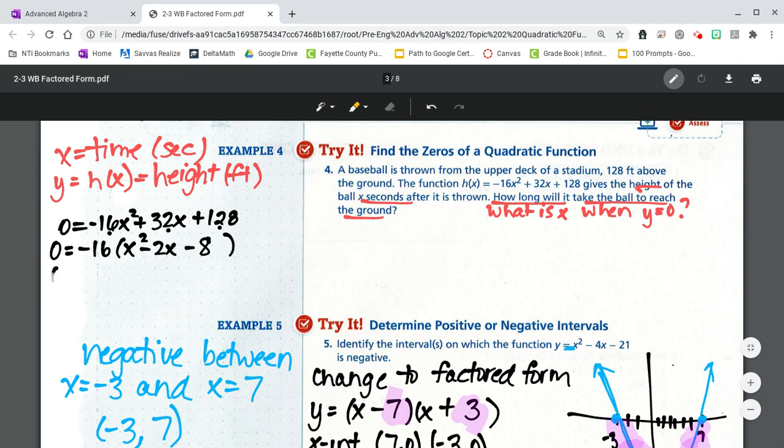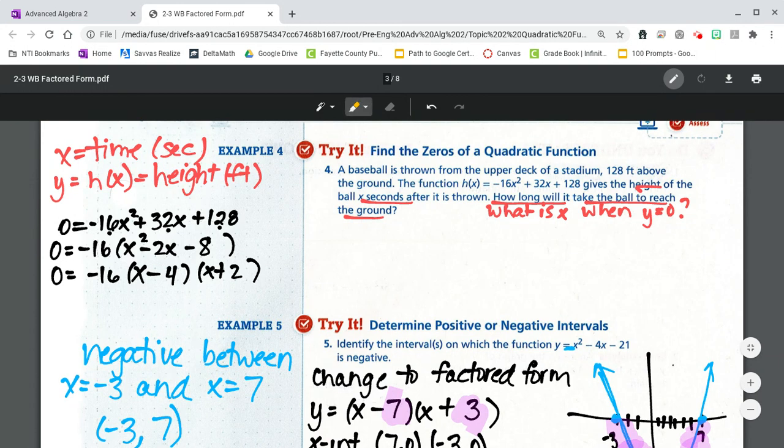So then I'll try to factor the trinomial. 0 equals negative 16. To get negative 8, I might do a 4 times a 2. And if the 4 is negative and the 2 is positive, then I can get that negative 2x in the middle.